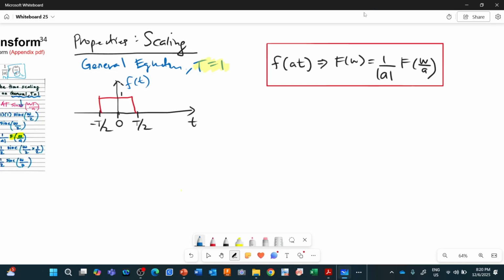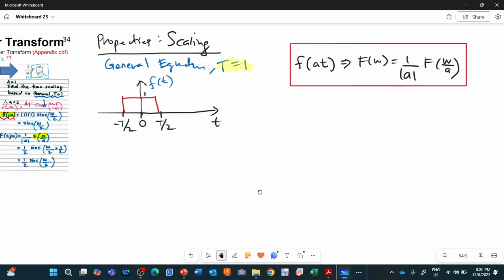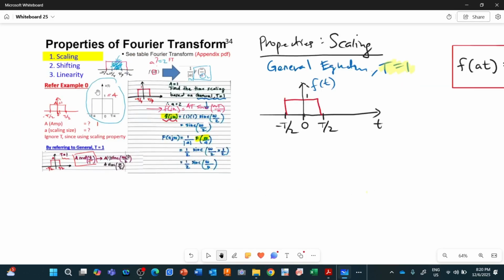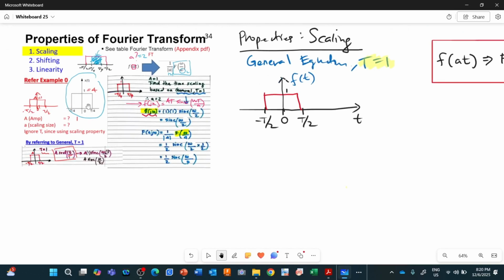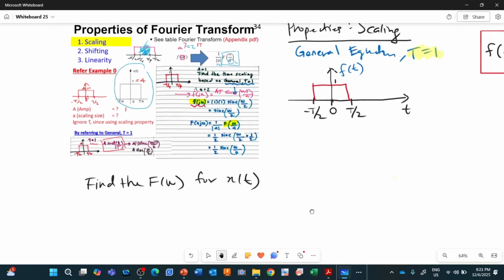Based on this, if you look at the example, it says find the Fourier transform for this equation, x(t).